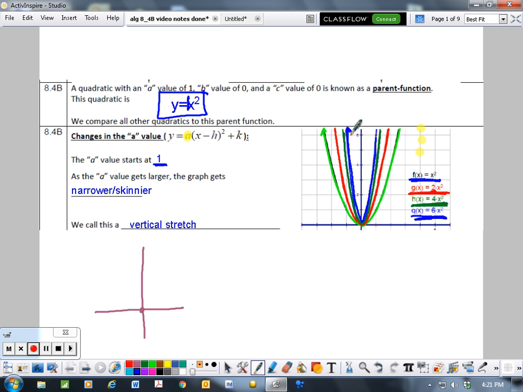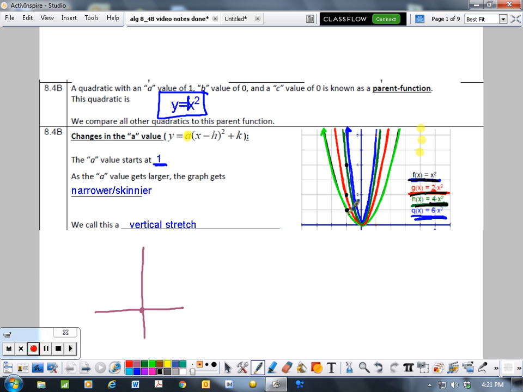Because this original point, right here, starts shifting up. This point is at 1 on the original graph, but on the second graph it pops up to 2. And with the 4 it will pop up to 4. And so it's stretching that graph up, and when it stretches it up, it makes it thinner.